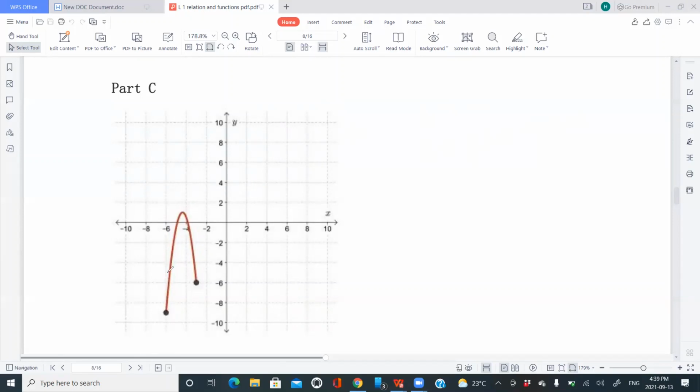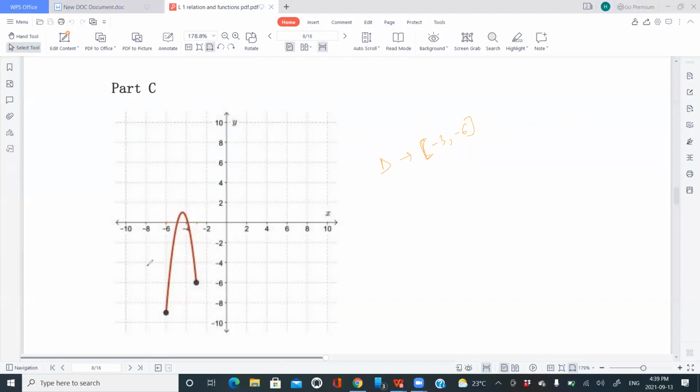So we will start from here, -6, and it is ending here, which is -3, right? So the domain is going to be from -6 to -3. I will put square brackets because -3 is also included and -6 is also included. This is my domain, right?